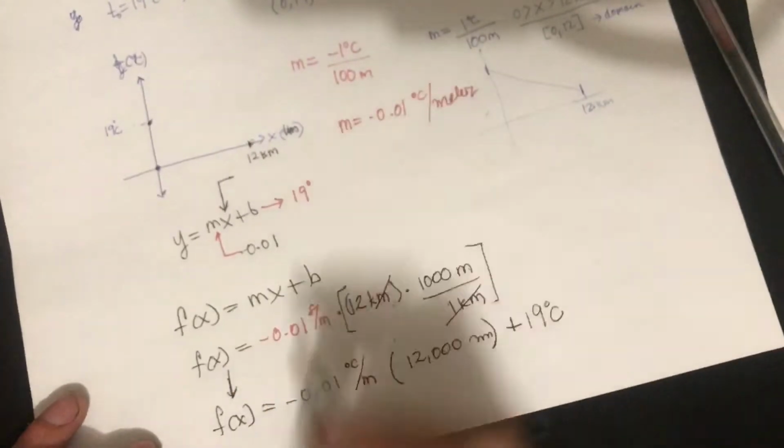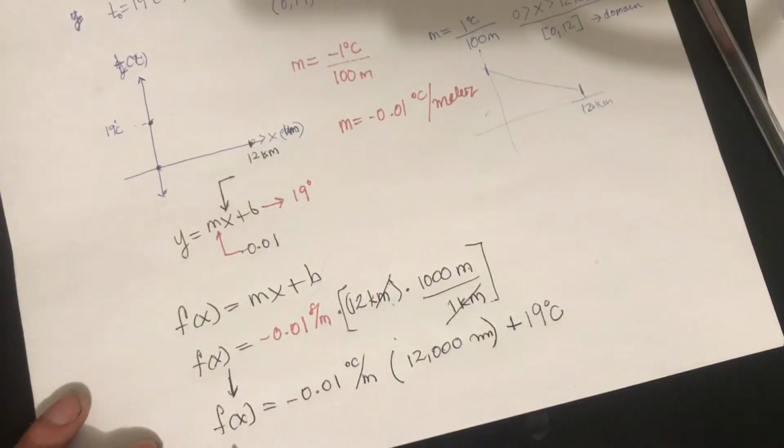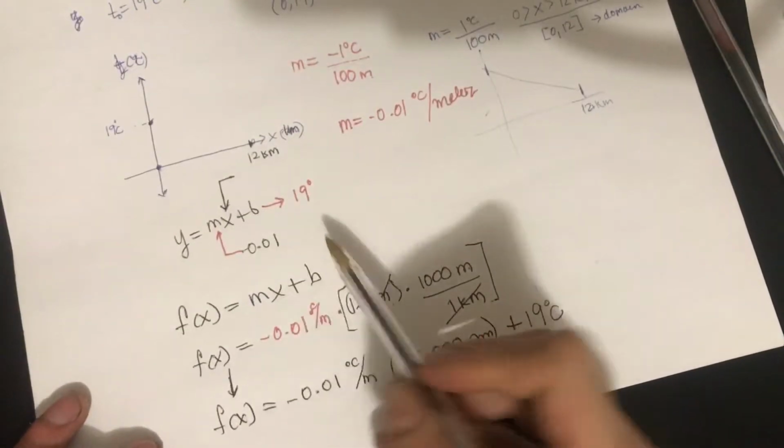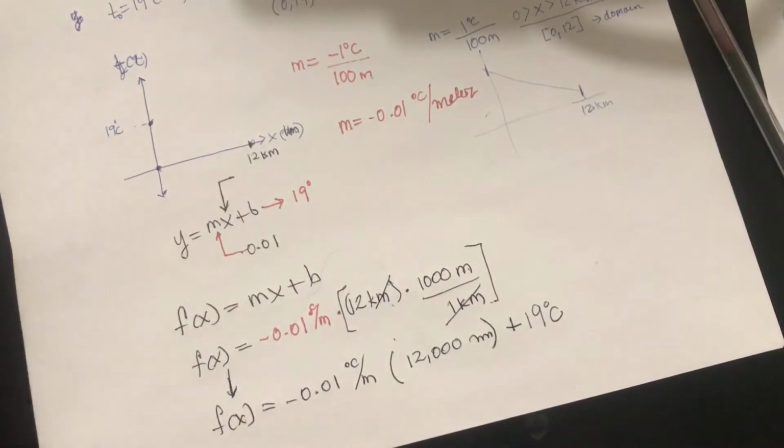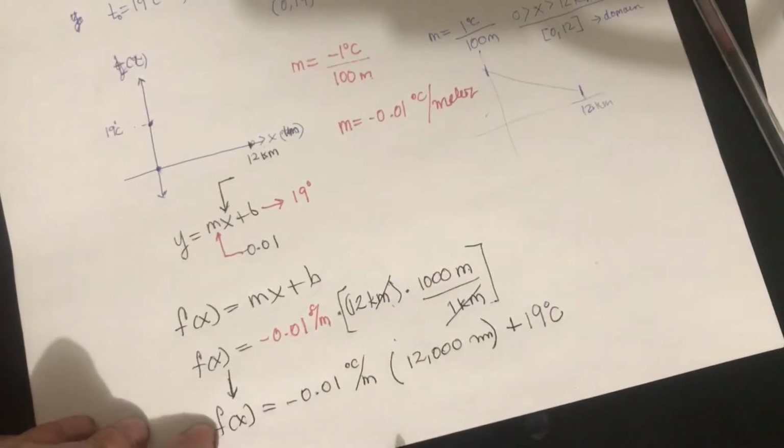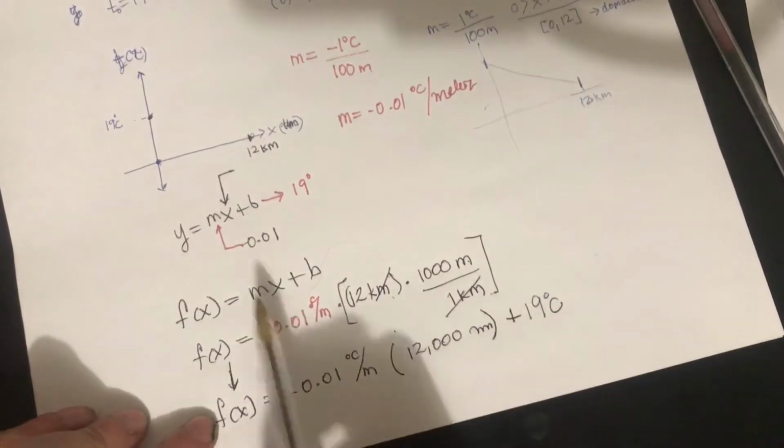So if this is position, then this is my temperature as a function of my point, which is x. So careful here with the notation.